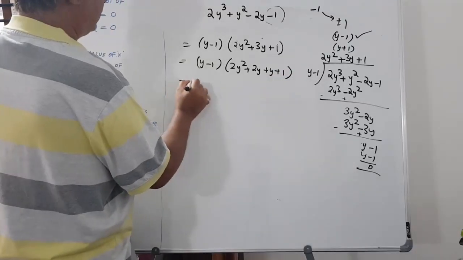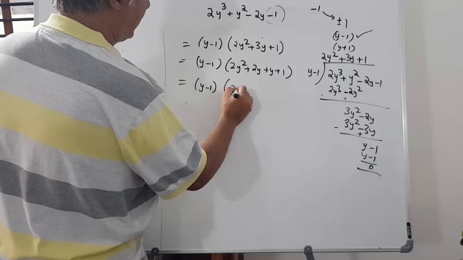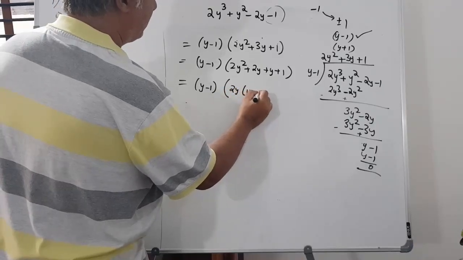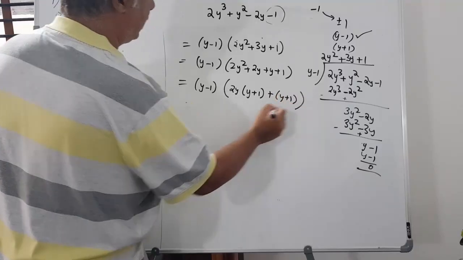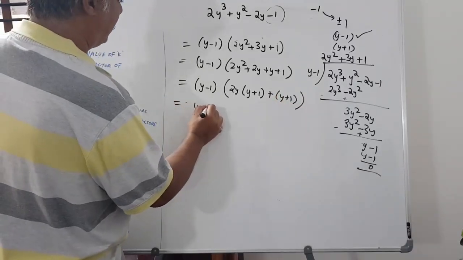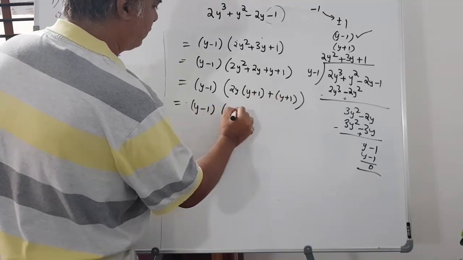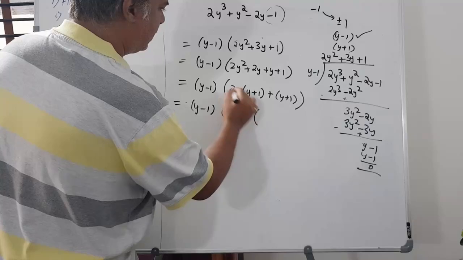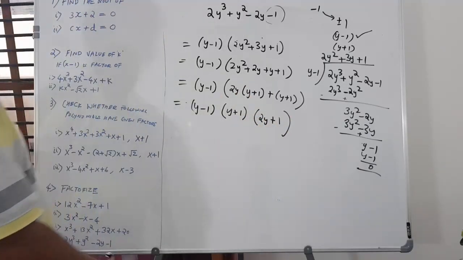Okay, that is equal to y minus 1 multiplied by, you can take out 2y common here and write it as y plus 1 plus y plus 1. Okay, so again this is y minus 1 multiplied by, you can take out y plus 1 common out of here and remaining is 2y plus 1. So these are the factors of the cubic expression.